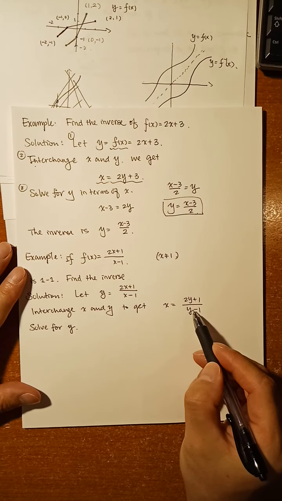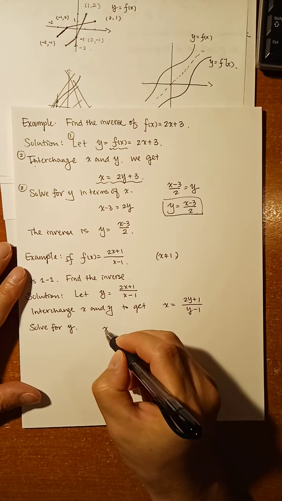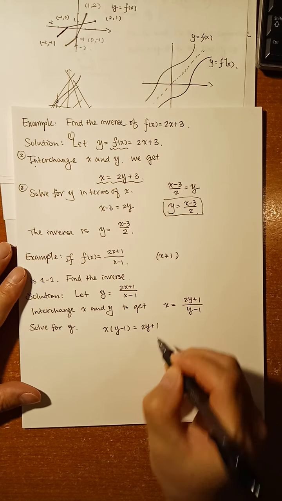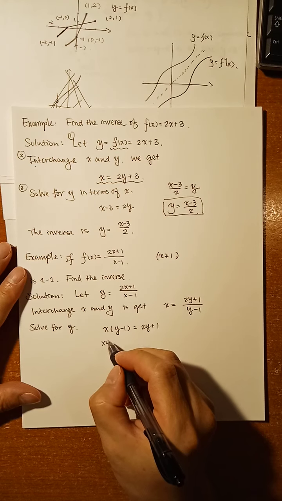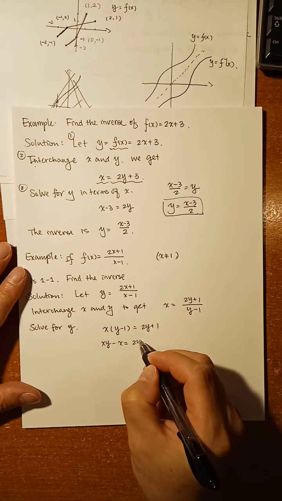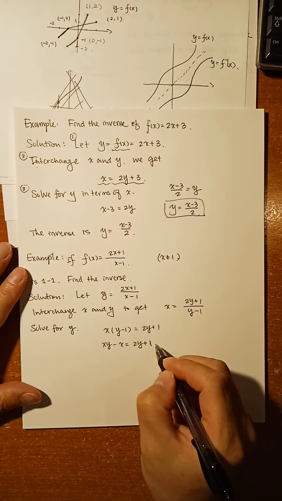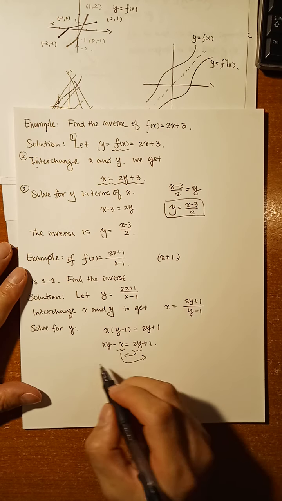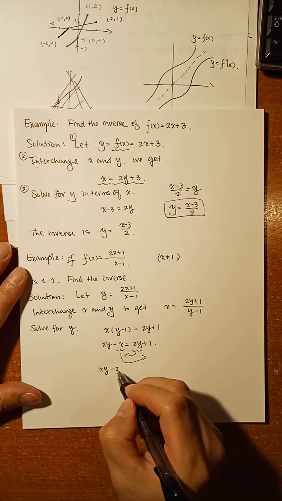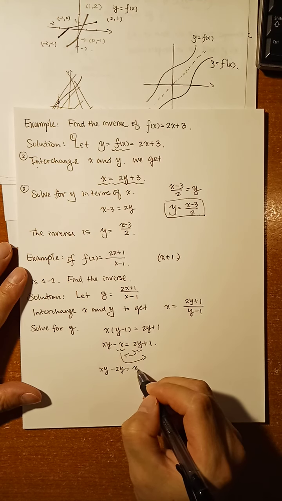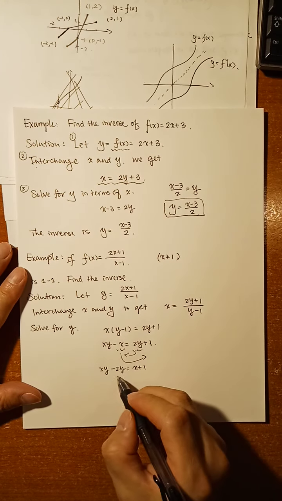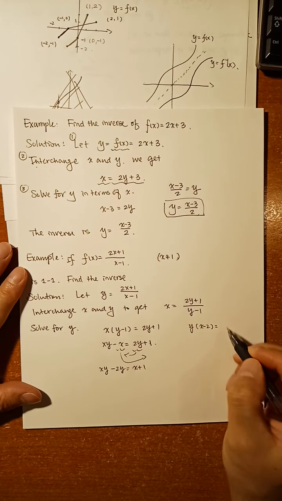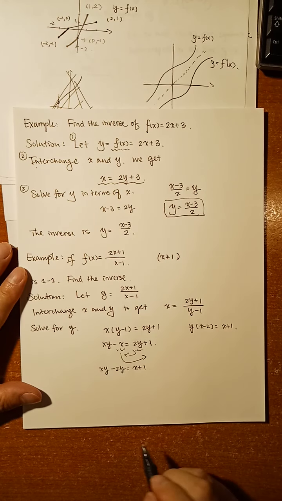Now what do we do? We multiply two sides by y minus 1. Expand it, xy minus x is equal to 2y plus 1. And then I'm going to move 2y to the left side and x to the right side. So xy minus 2y is x plus 1. We factor out y, we'll get y times (x minus 2) equals x plus 1.